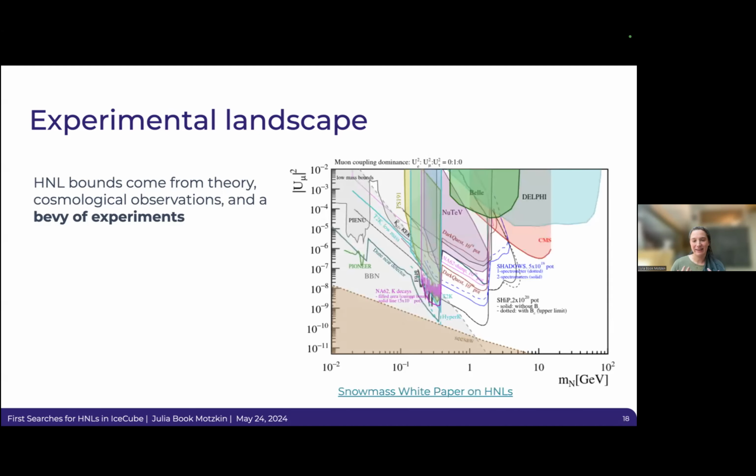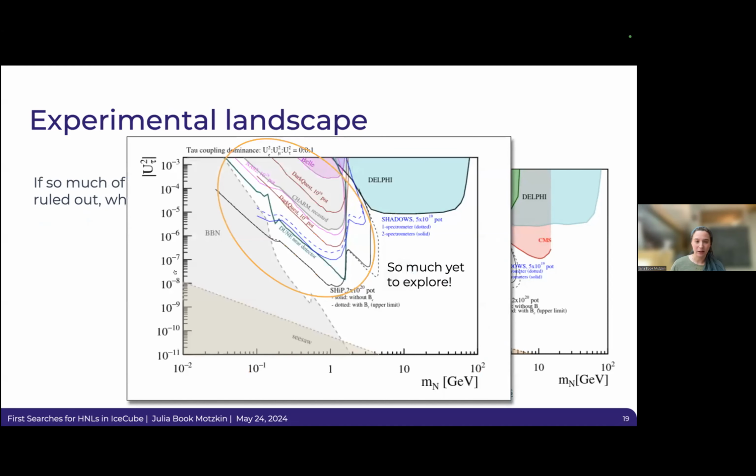And when you look at the existing constraints in a data-driven rather than heuristic way, you can see that the space is really crowded. So what are we doing here? Well, like I said, this axis shows the HNL coupling with the muon. But if you look at the HNL coupling with the tau neutrino, our space is far less restricted.